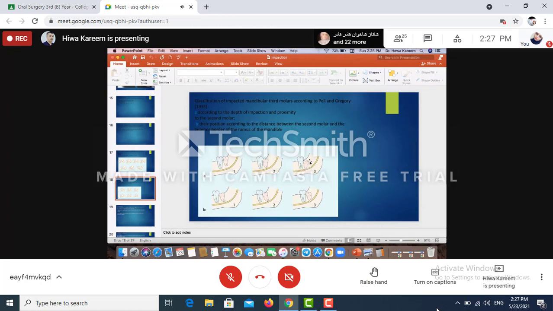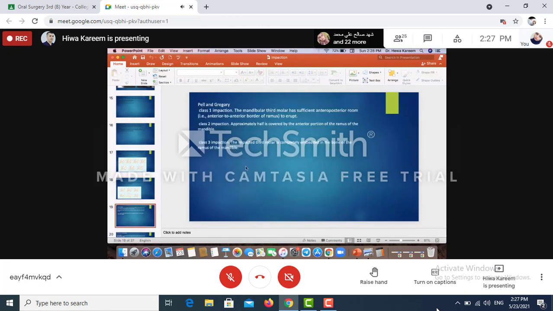And class 3, completely impacted tooth, completely embedded in the bone of the ramus of the mandible.